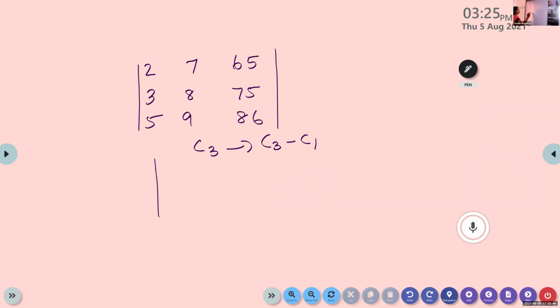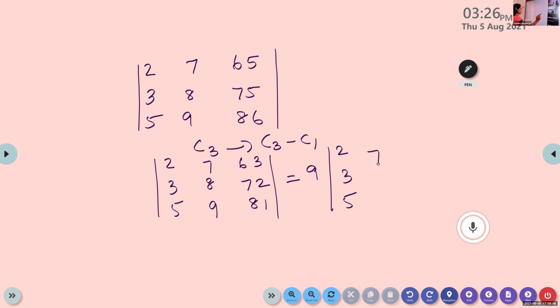So first column, no change. Second column, no change. C3 minus C1, so we get 63. Very good. Now, from the third column, we can take 9 as common, isn't it? If we take 9 as common, we get 2, 3, 5, 7, 8, 9, 7, 8, 9. So two columns are identical. Value of the determinant will become 0.